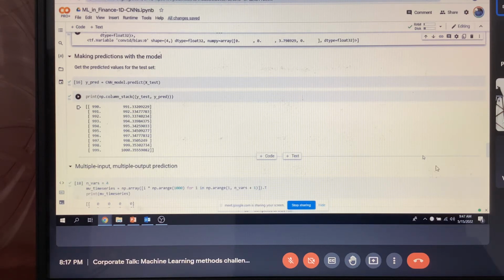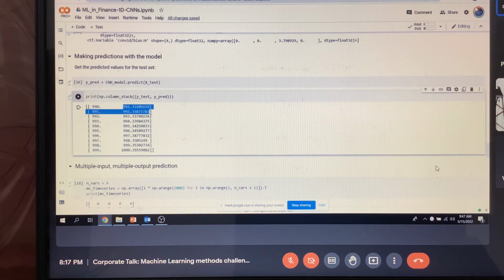However, when it goes through a model like this, it won't give the exact value. It will give something close to that, like 991.33, 992.33, something like that. It's predicting the next one, but only close to it.